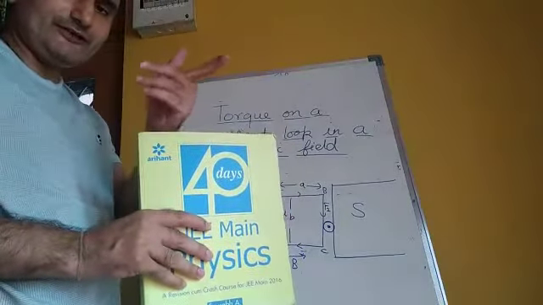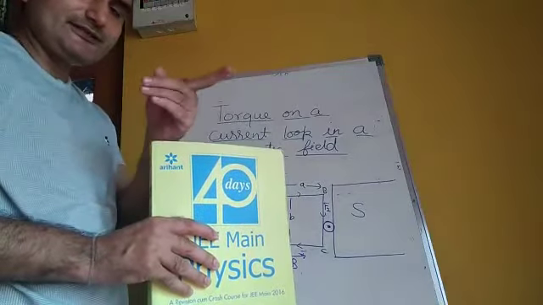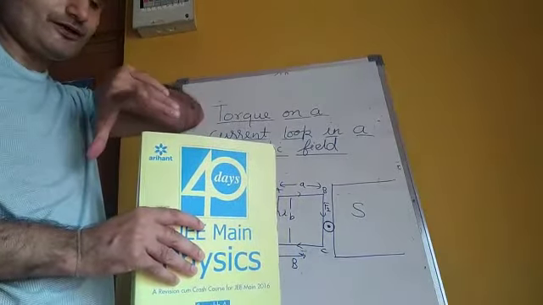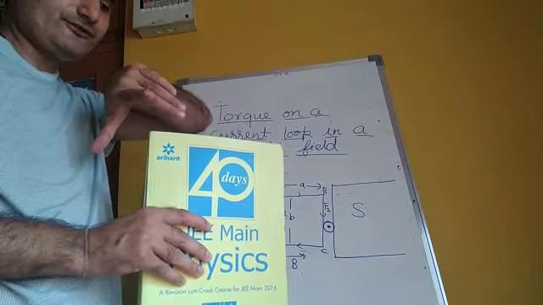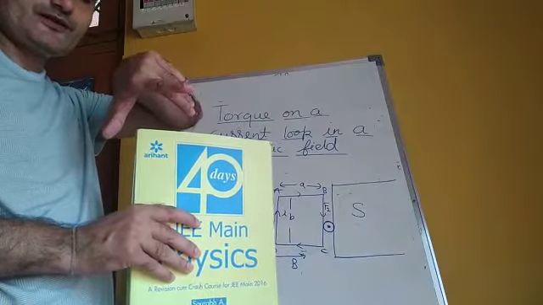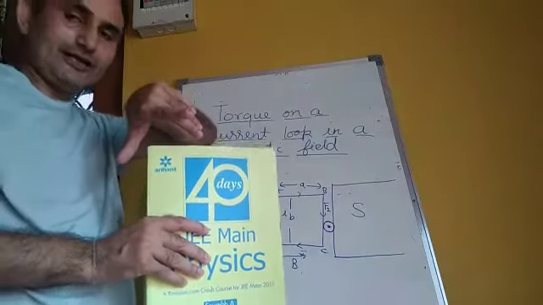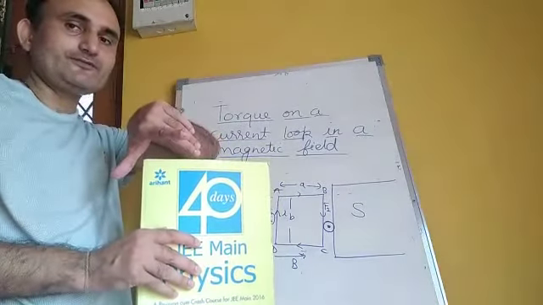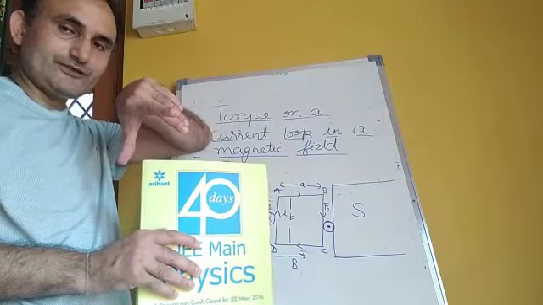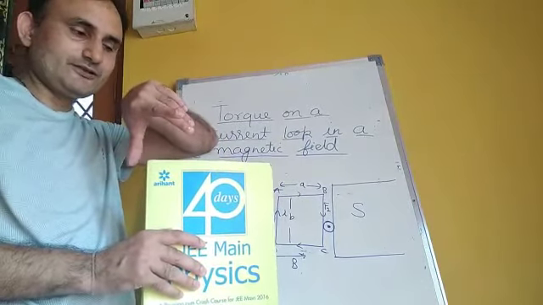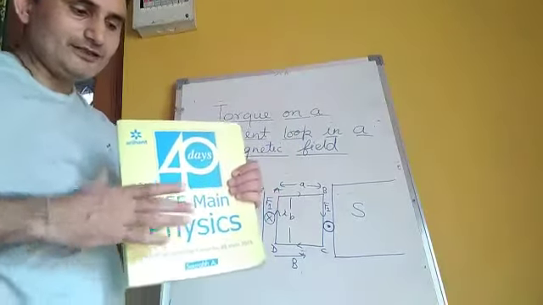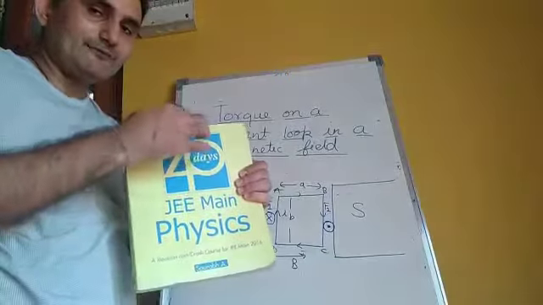Now if we again use Fleming's rule, field is in this direction and current is in this direction, the center finger points towards the current and the first finger points towards the field. So here the angle is not 0, hence we will have some value of the magnetic force, and it will be in the direction of the thumb. So the force on this side will be downward. Similarly, force on this side will be upward.